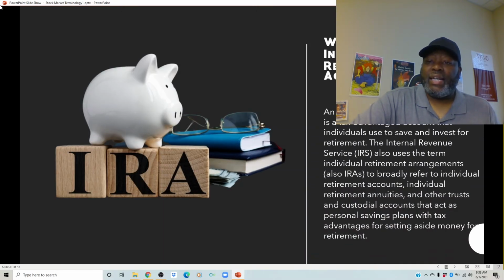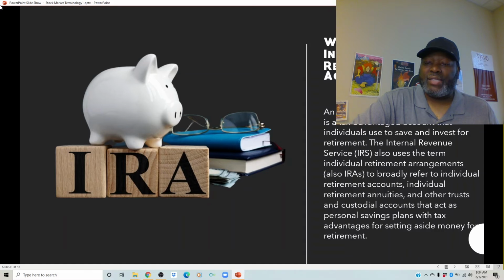What is an individual retirement account, or IRA? An individual retirement account is a tax-advantaged account that individuals use to save and invest for retirement.